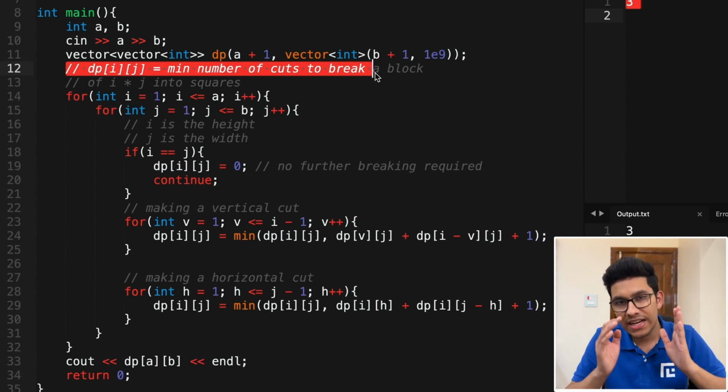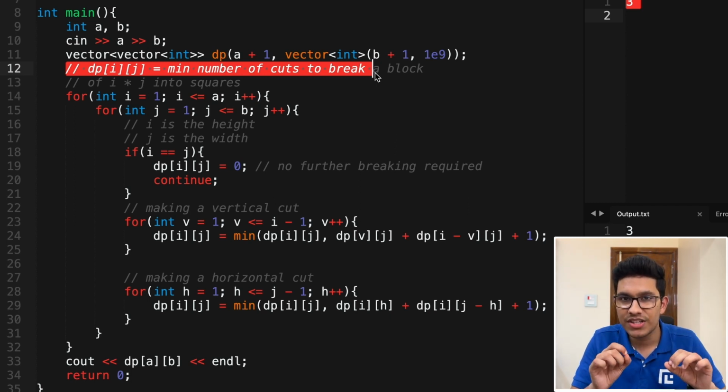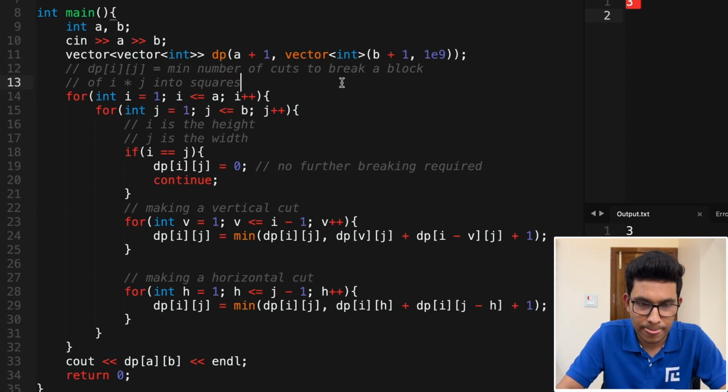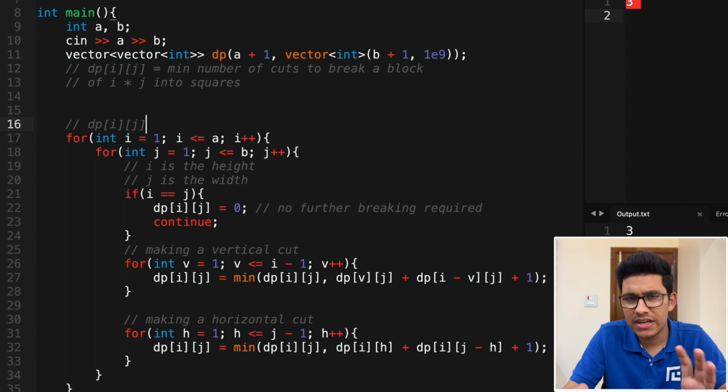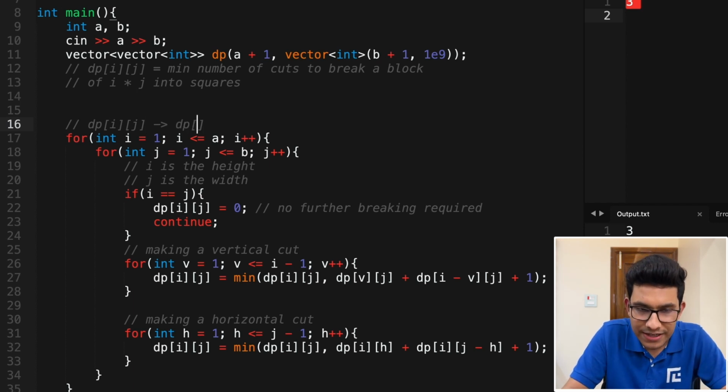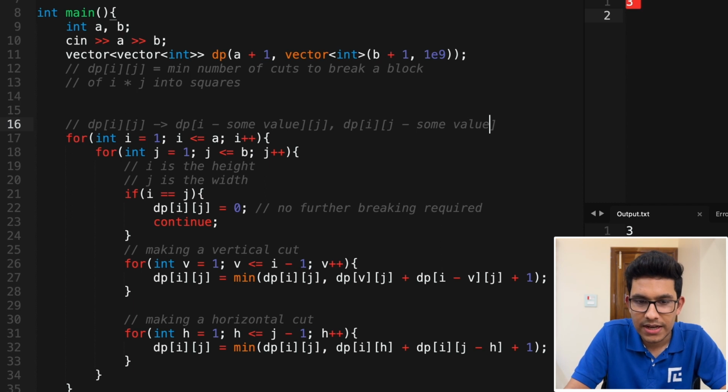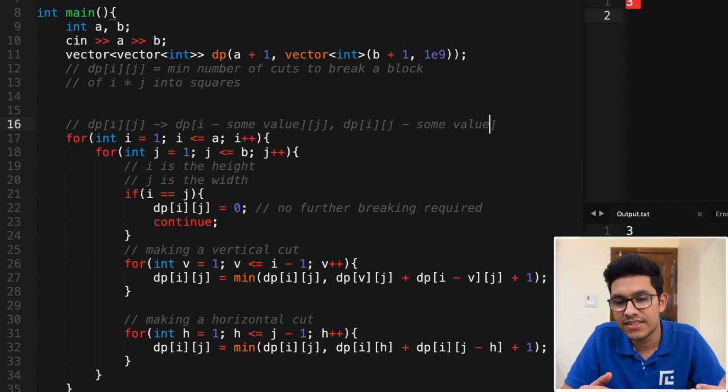All right, and we clearly saw that dp of i comma j depends on certain values. When I say dp of i comma j or dp of n comma m, it doesn't matter. What does it depend on? It depends on dp of i minus some value comma j. It depends on dp of i comma j minus some value as well, right? These are the two types of dp states that it depends upon.